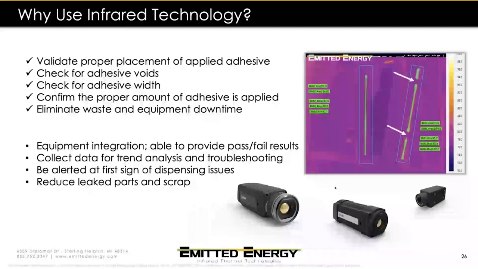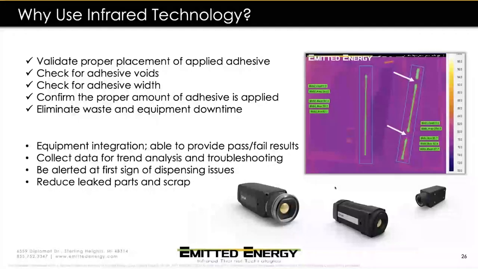Okay. Equipment integration, being able to provide the pass-fail results back to the equipment in line in real time. Collect data for trend analysis and be able to find root cause of the defects or problems and try to fix those before we produce too much scrap. We want to be alerted at first sign of any kind of dispensing issue.